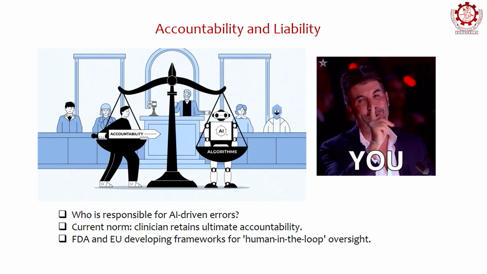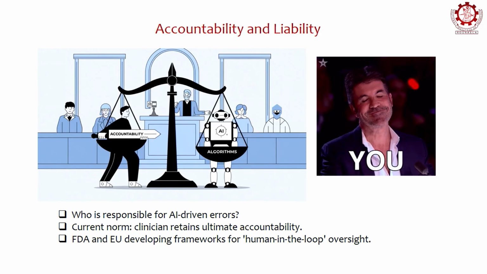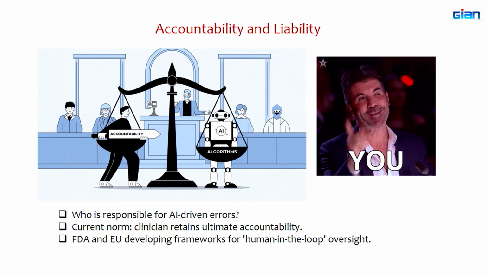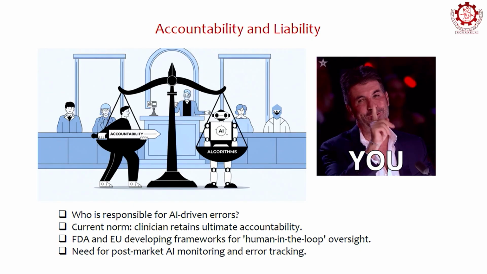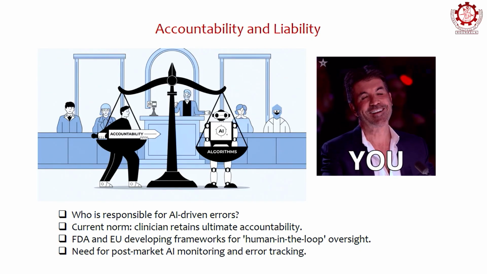So if a model is making a decision, you have a human in the loop, and you make sure you're doing as much as possible to correct that decision, so that in the final decision the model also has some liability, it's not just the human. So we need post-market AI monitoring and error tracking.